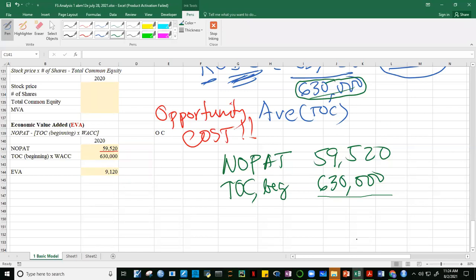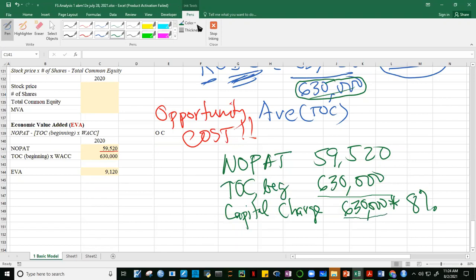So, let's call it capital charge. Charges for the use of the capital. Ano yung capital charge natin? It's the beginning capital multiplied by the WACC, which is 8%. No? Okay, we're going to charge management for the use of the capital na 630. Yung beginning capital ang ginagamit natin, guys. No? Okay, so let's do that.